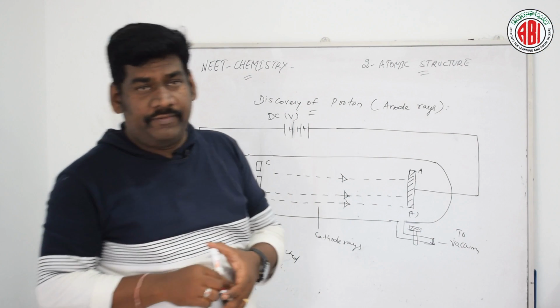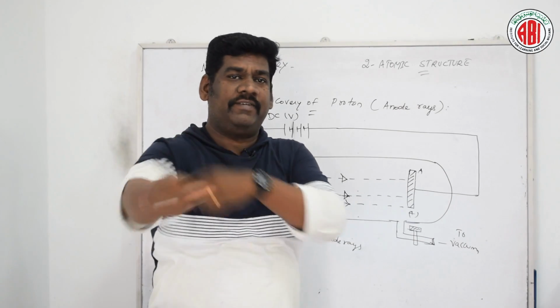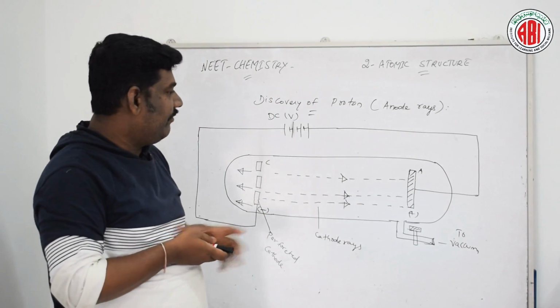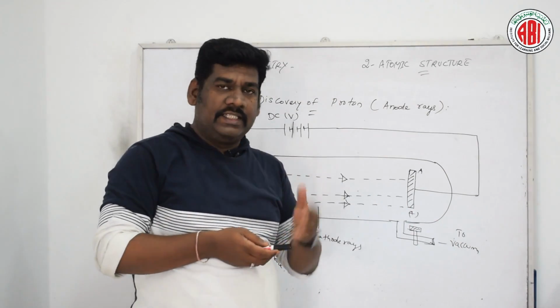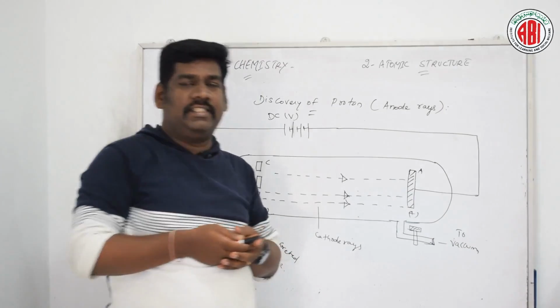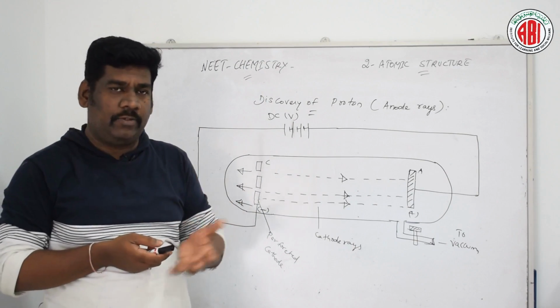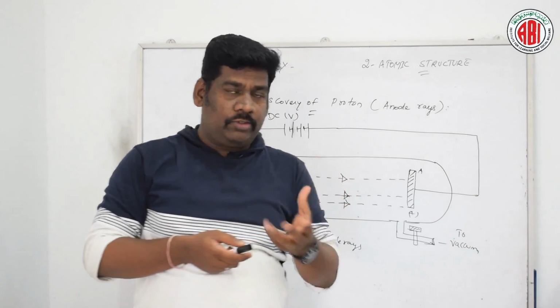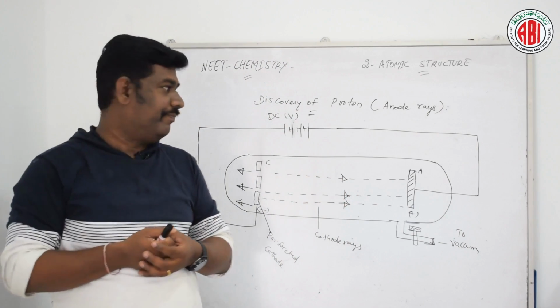Okay, now we are going to discuss the discovery of the proton, or the discovery of anode rays, similar to the earlier discussion of the discovery of cathode rays and the electron. That credit goes to J.J. Thomson and his team.